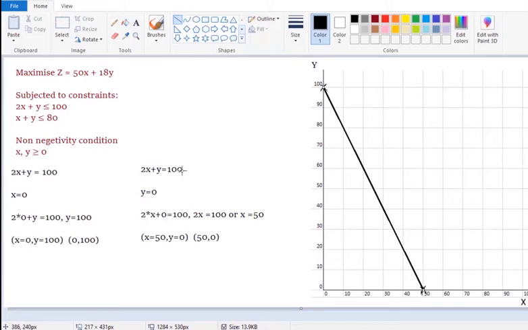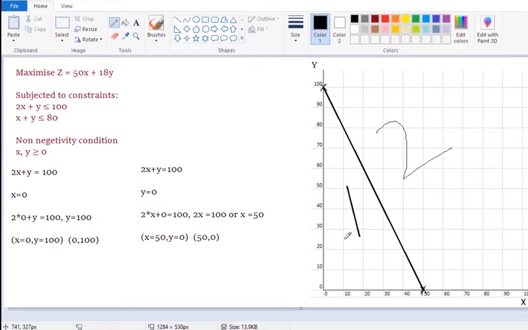Now, what is our actual constraint? Our actual constraint is 2x plus y less than or equal to 100. So 2x plus y less than or equal to 100 means this line has got two regions. This is region 1, and this is region 2.